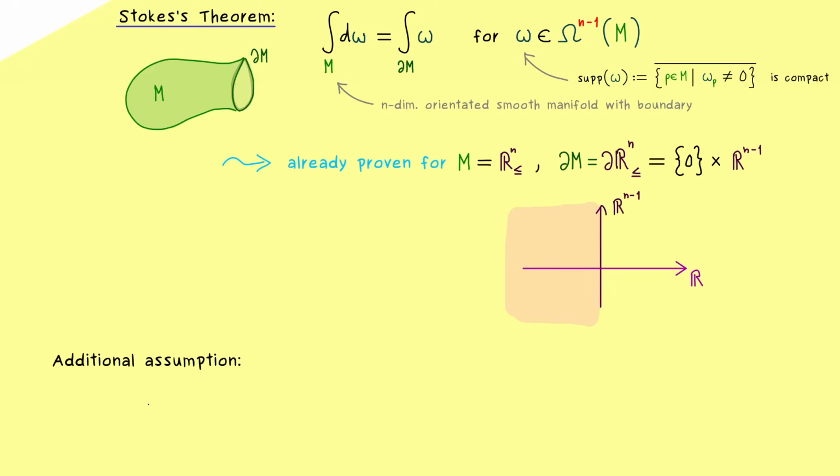And in fact, in this video I want to put the additional assumption that only one chart is needed to describe the whole support of omega. And as usual, we would denote a chart as (U, h), where h is a continuous map from U into the half space.